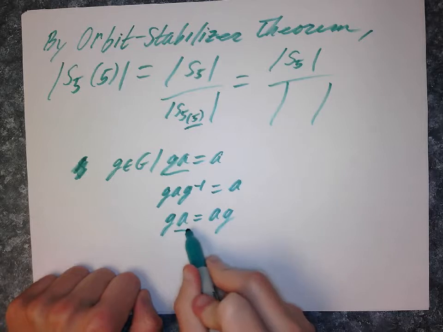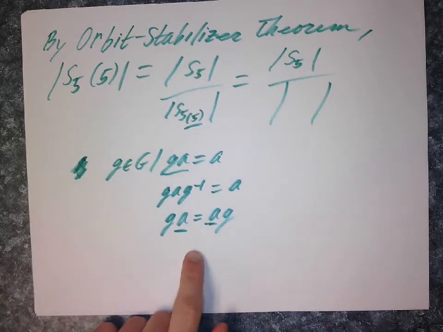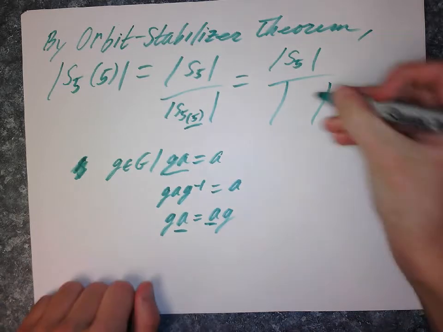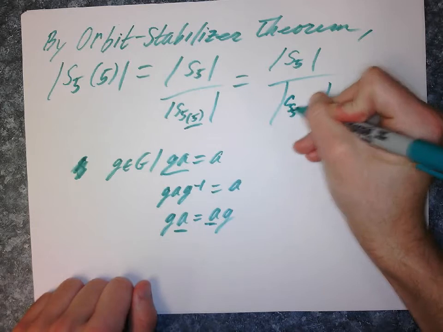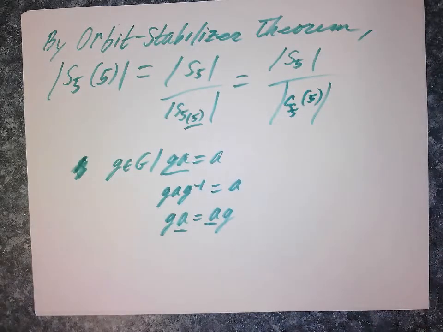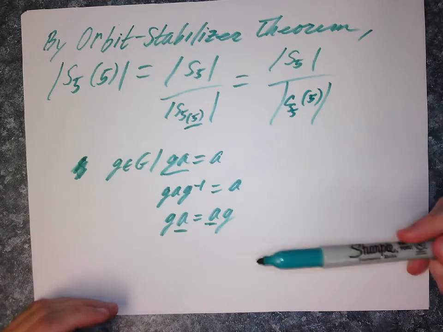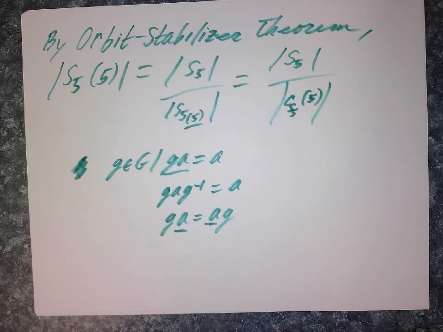Since this is with respect to A, this is the same as the centralizer of A. And again, in this case, A is the 5 cycles. So we can rewrite this as the centralizer of the 5 cycles. Again, this all works because of the orbit stabilizer theorem and our action being conjugation.